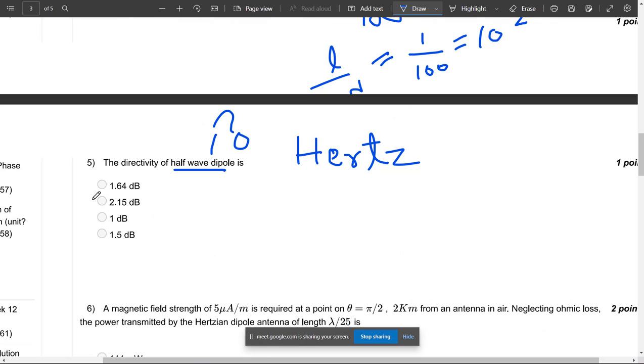Ma'am, how to convert into dB? How to convert absolute unit into dB? Is that what you are asking? Yes, ma'am.